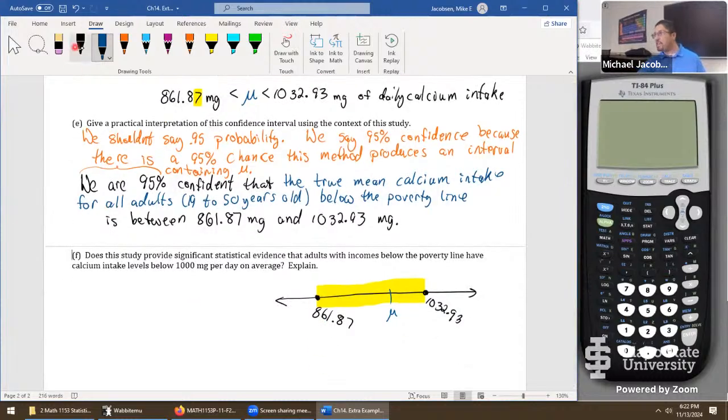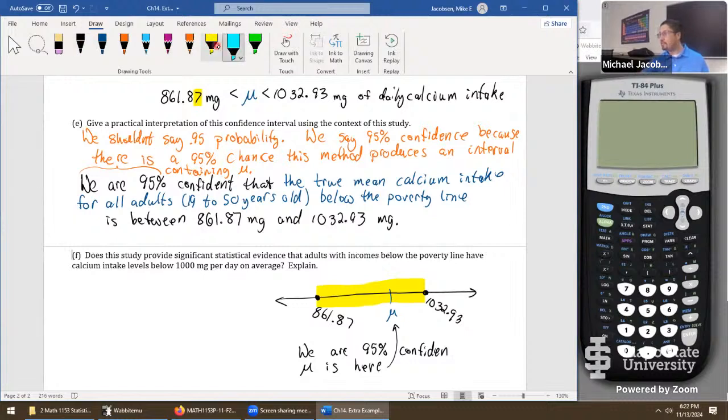But let's say we are 95% confident mu is here. Inside the interval, in other words. But what else is in the interval?